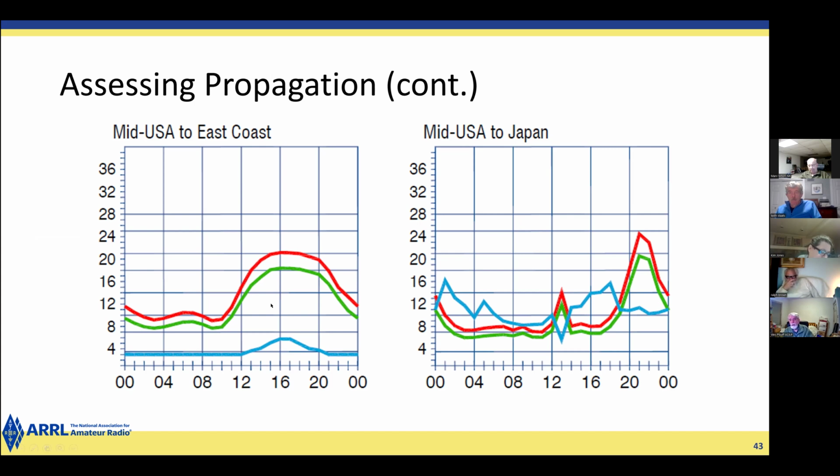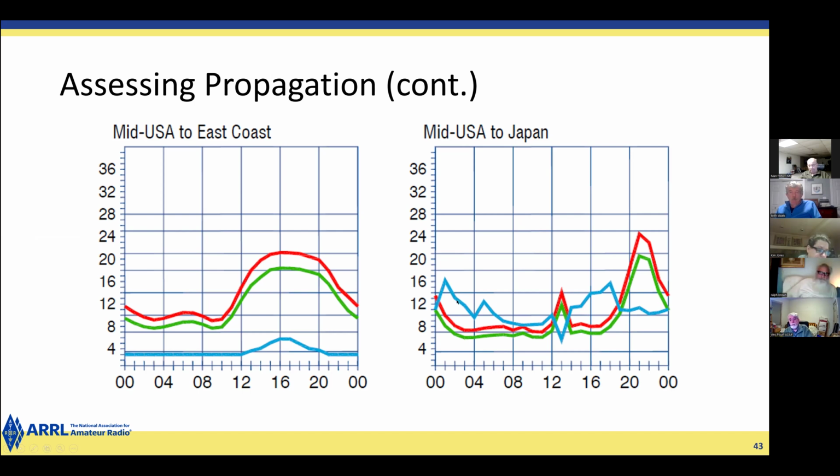Now, I've forgotten what month and where in the sunspot cycle I found these, but these are typical of what happens. Now, the path here is going to be less than 1,000 miles. If you look at the middle of the USA to Japan, which is several thousand miles, you see that it's much different.